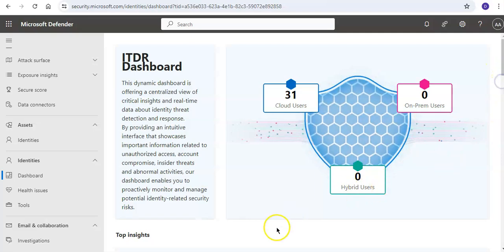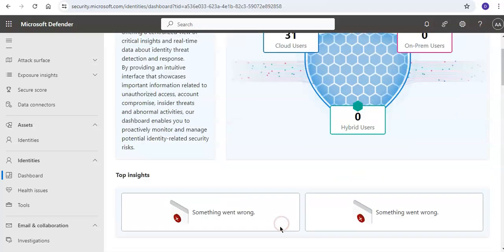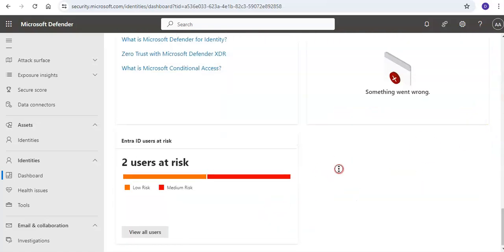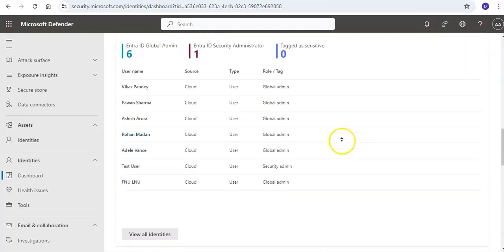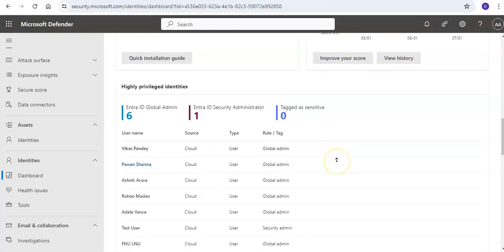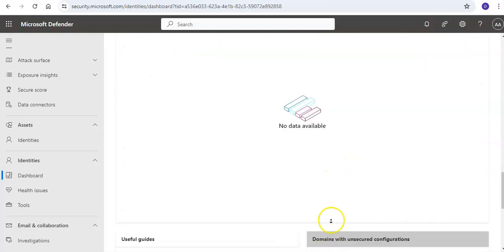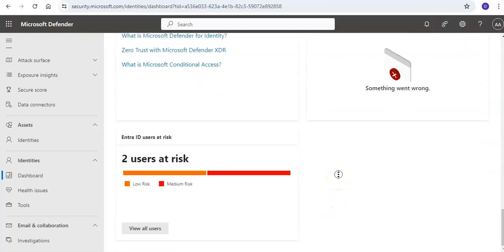So if you look at the top insights, you will see those on your production deployment, but it's not coming up here. And these are the highly privileged identities that you would have. It shows you that 2 users are at risk.